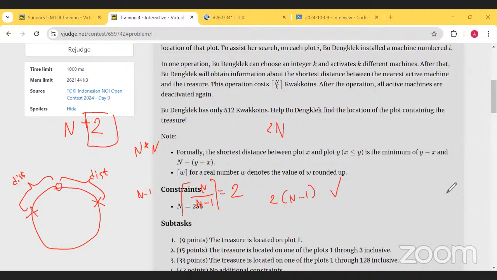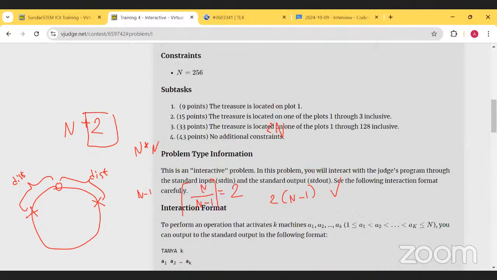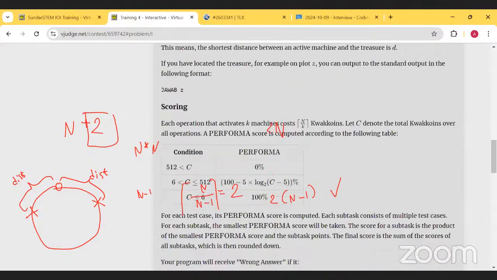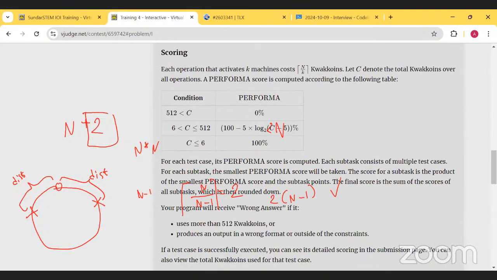Okay, and then what should we do if we want to get full score? If we want to get full score, the coins should be at most 6, less than or equal to 6.